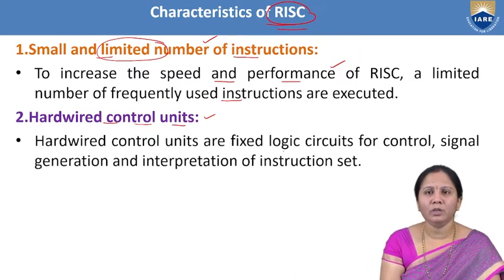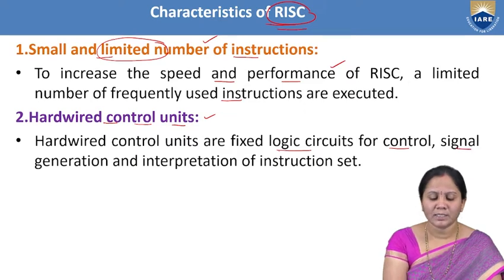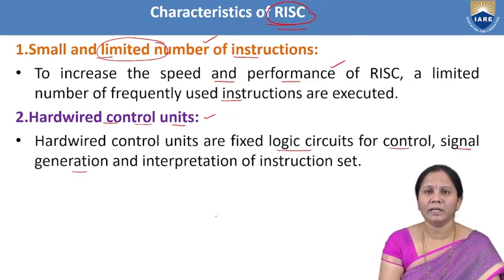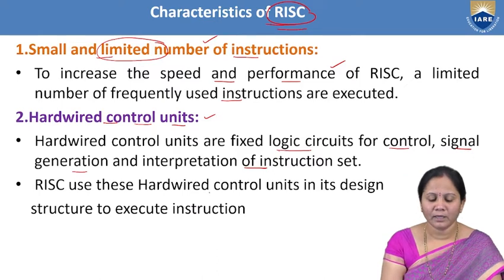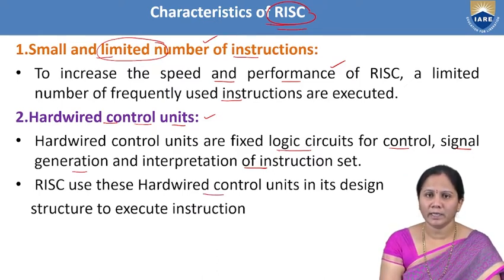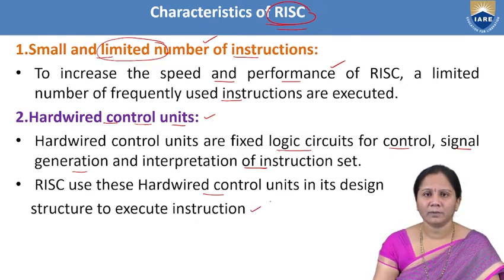Hardwired control units have fixed logic circuits for controlling, and they also handle signal generation, input and output signals like read and write, and interpretation of the instruction set. RISC uses hardwired control units in its design structure to execute an instruction.